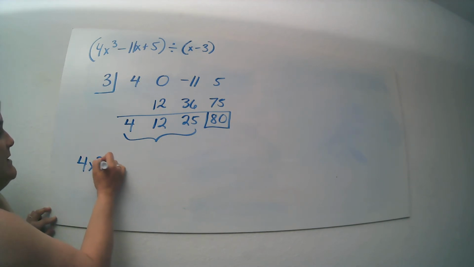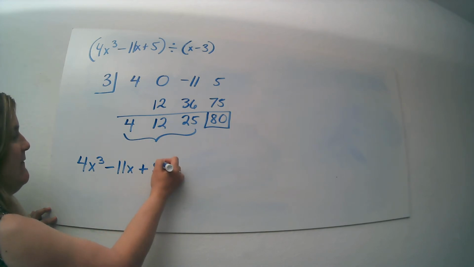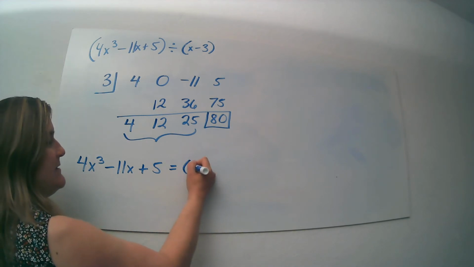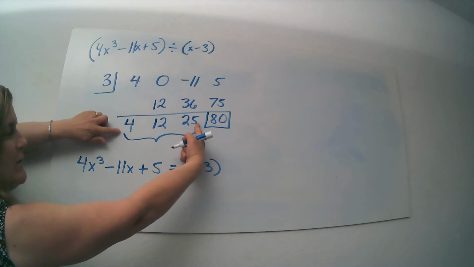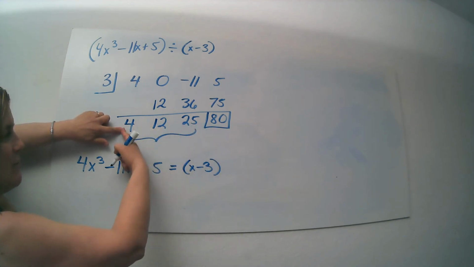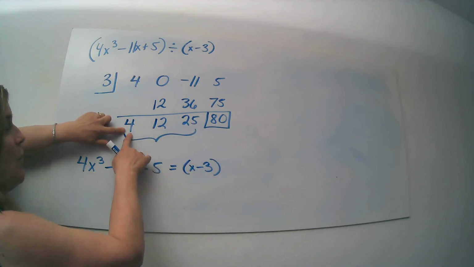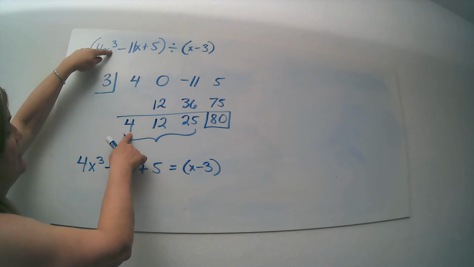4x cubed minus 11x plus 5 equals x minus 3 times our quotient. So we're interpreting this as these are the coefficients of our quotient. This is always 1 degree smaller than the degree of your polynomial that was your dividend.